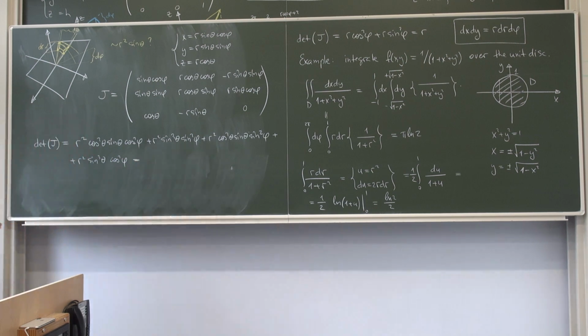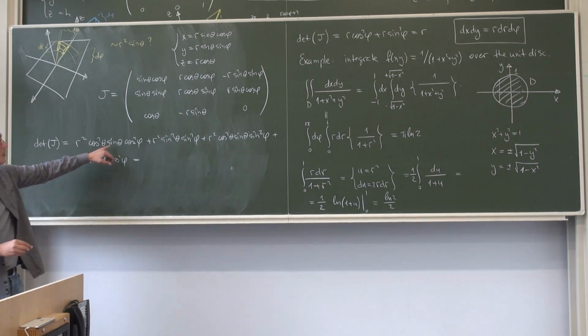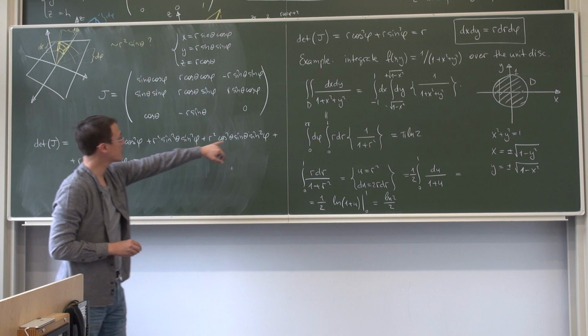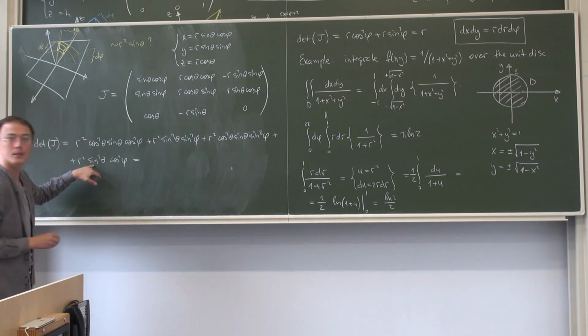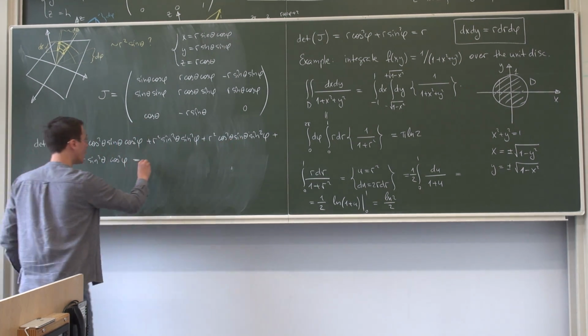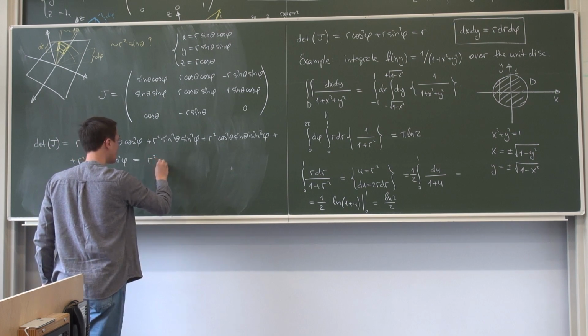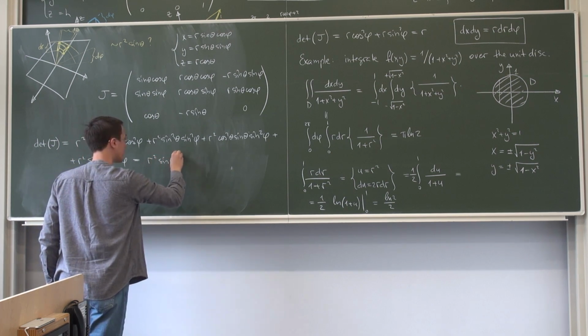Right, well, it is clear that we have in here something we can take out of the bracket. In all cases, r squared, and all of the terms have at least one sine theta. Sine theta here, sine theta here, sine theta here, and sine theta there. So out of the bracket, r squared sine theta.